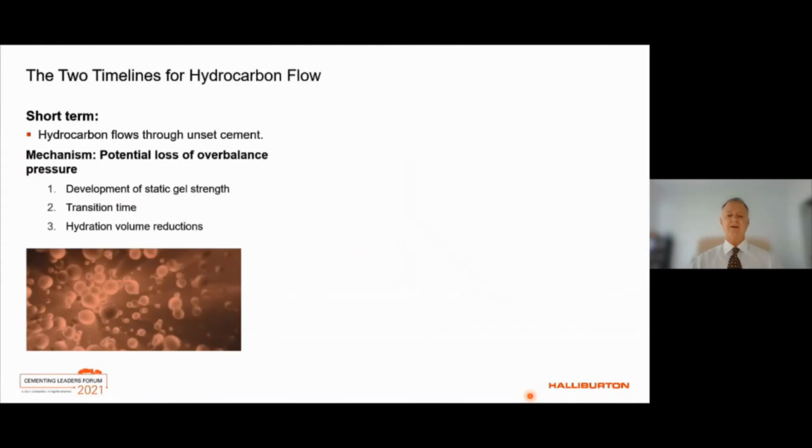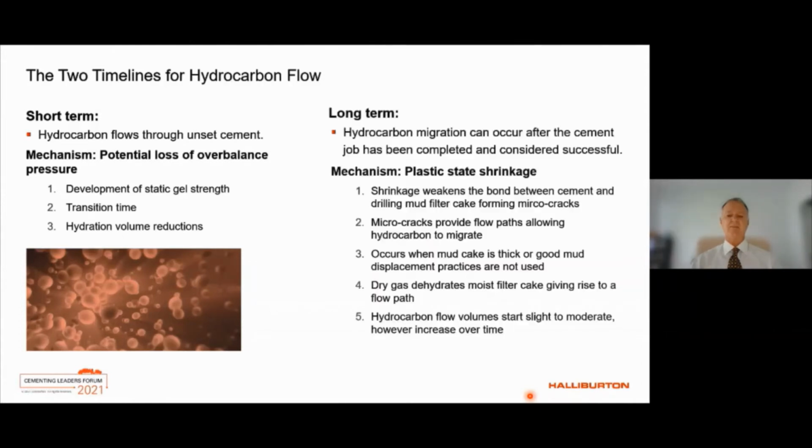Short-term sustained casing pressure is due to the potential loss of overbalanced pressure caused by the development of cement static gel strength, the cement transition time, and hydration volume reductions. In contrast, long-term sustained casing pressure is due to the cement's plastic state shrinkage.